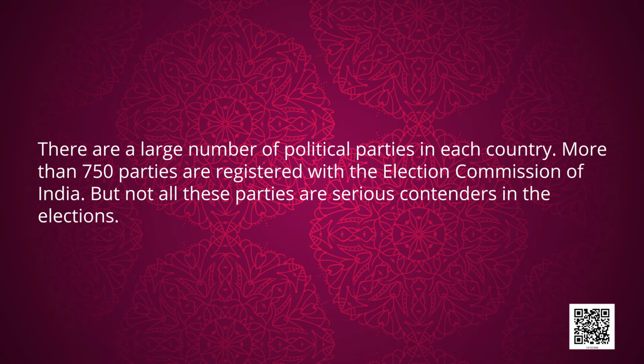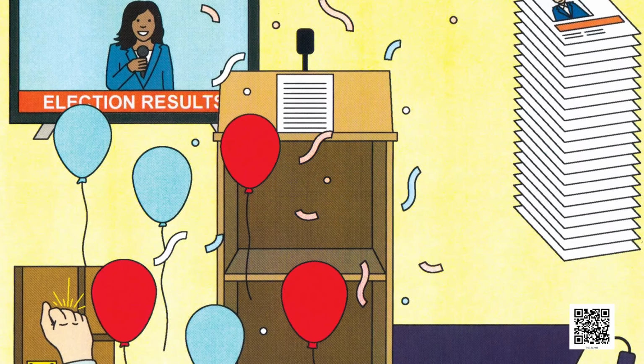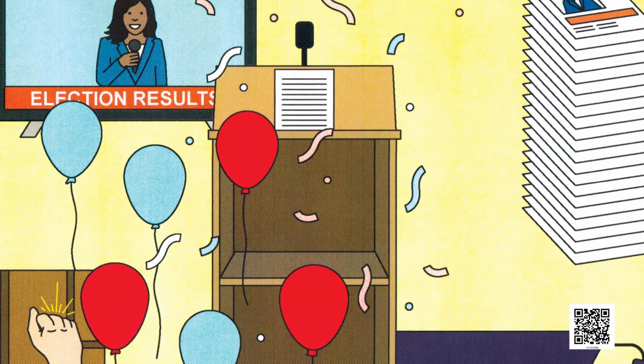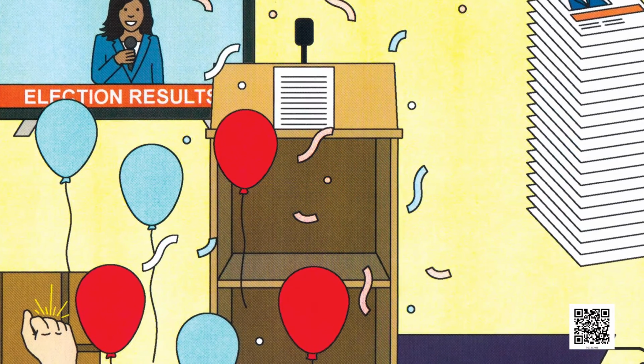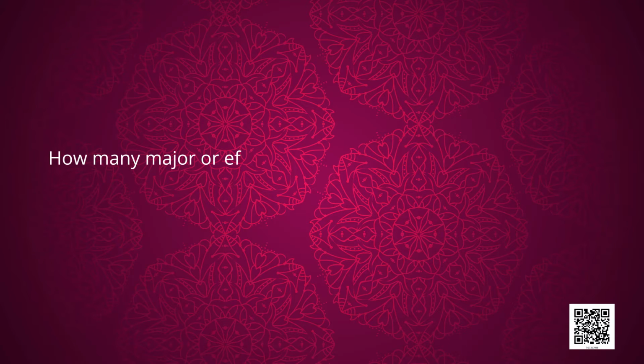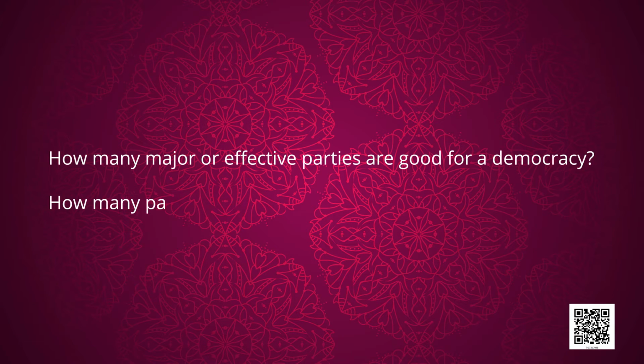But not all these parties are serious contenders in the elections. Usually, only a handful of parties are effectively in the race to win elections and form the government. So the question then is, how many major or effective parties are good for a democracy? Or how many parties should we have?